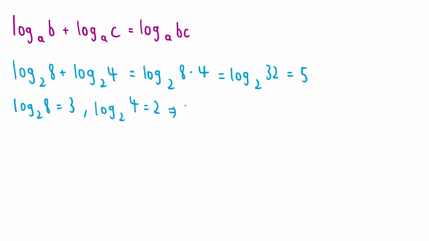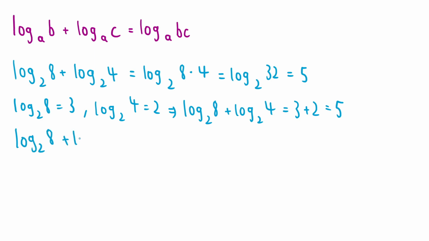So if we sum everything up, we get log base 2 of 8 plus log base 2 of 4 is equal to 3 plus 2, which is equal to 5. So this shows log base 2 of 8 plus log base 2 of 4 is equal to log base 2 of 8 times 4, because they both equal 5. So this is an example illustrating how the product rule of logarithms works.